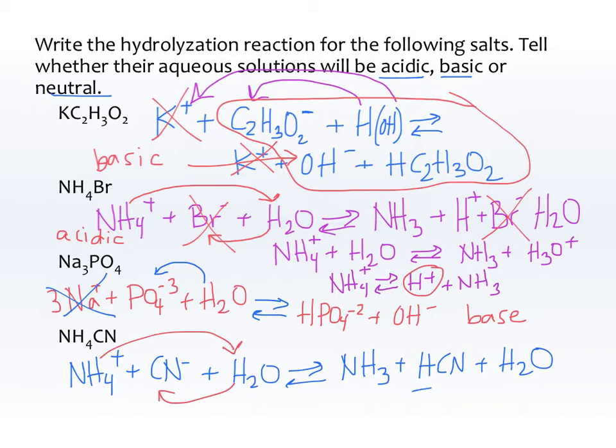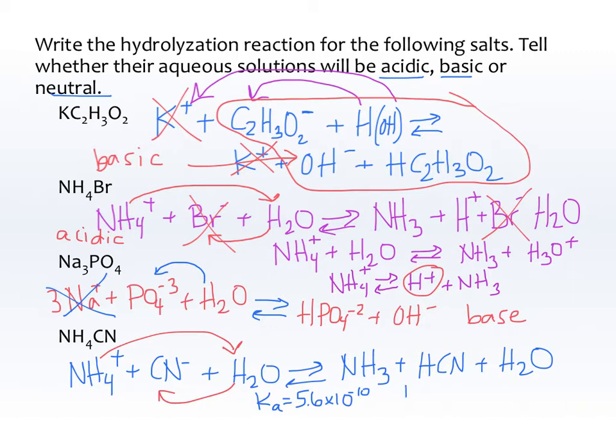I'm not going to take this HCN and split it into H plus and CN minus like I did with the HBr earlier, because HCN is weak. So it looks neutral, but it's a trick. What we need to do is actually check out the Ka and Kb values. For NH4 plus, the Ka, just based on the chart on the back, is 5.6 times 10 to the negative 10.